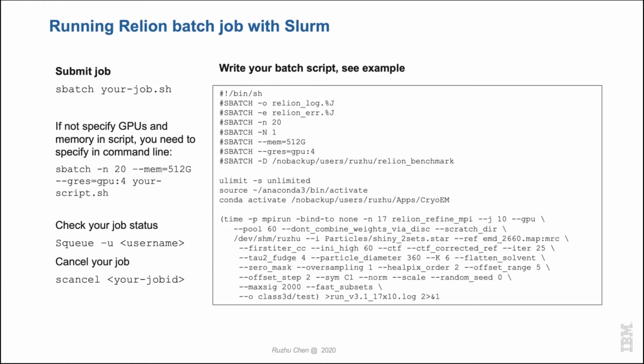Another thing is that on our system we have 160 threads. The combination of the number of threads, the -n and the -j, is pretty tricky. If you get a good combination, you can get a better result.